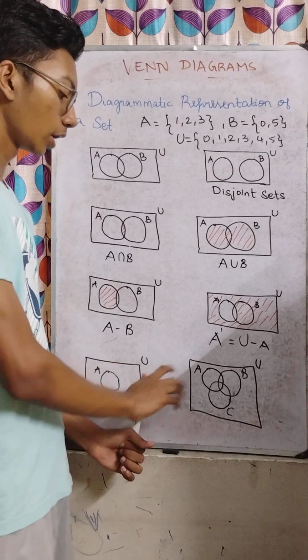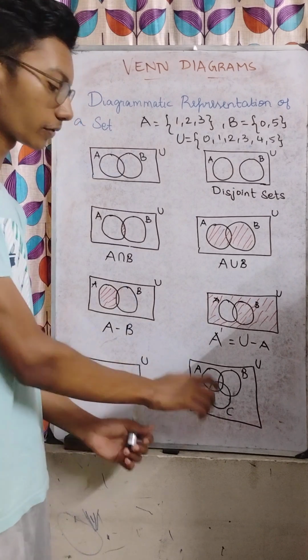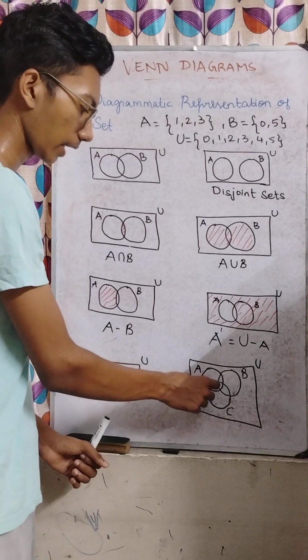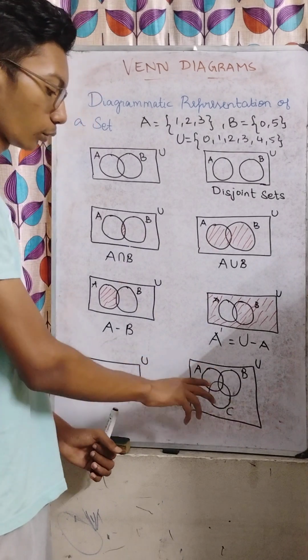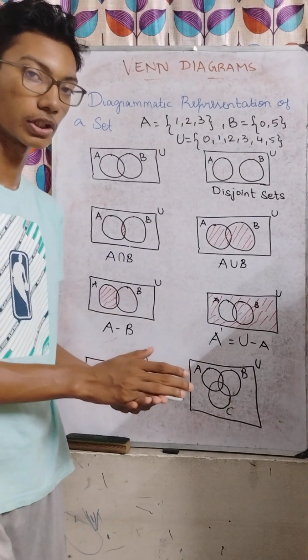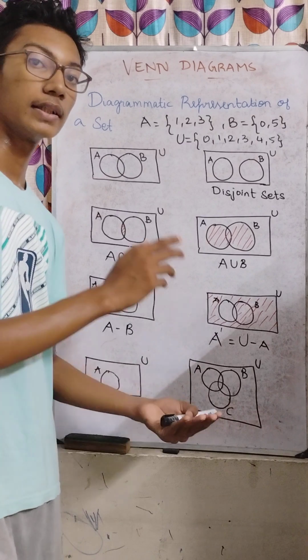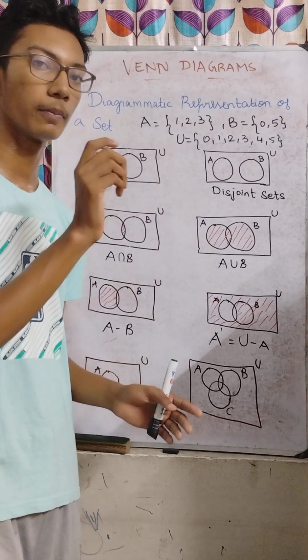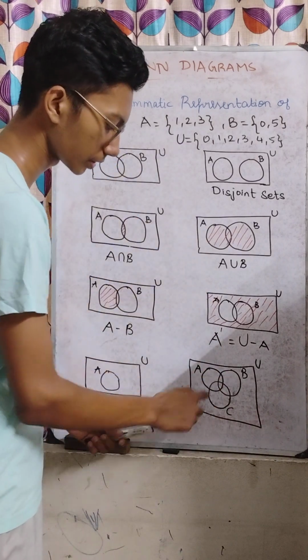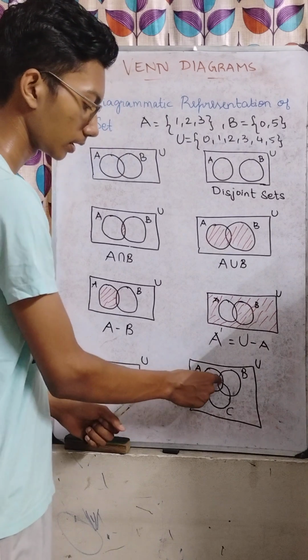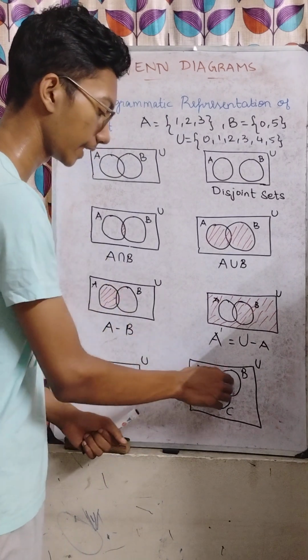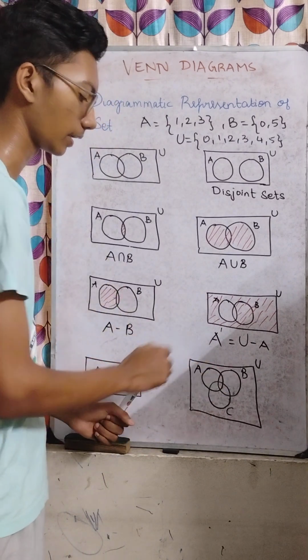So that's it. Now for three sets, this is the Venn diagram for three sets, A, B and C. An important thing is why it is represented like this: there must be a region where it is just A and B. That is this region right here. Here there is no C, only A and B, but A and B intersect here.